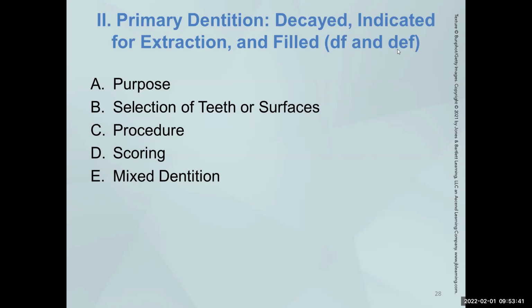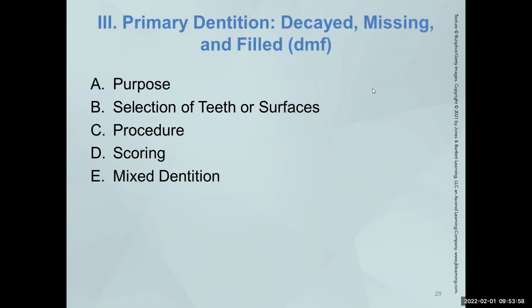DEF, decayed, extracted, or filled. So lowercase, deciduous, uppercase, permanent. And then you can figure out what it's trying to do by looking at the letters. Decayed, missing, filled, DMF, lowercase.